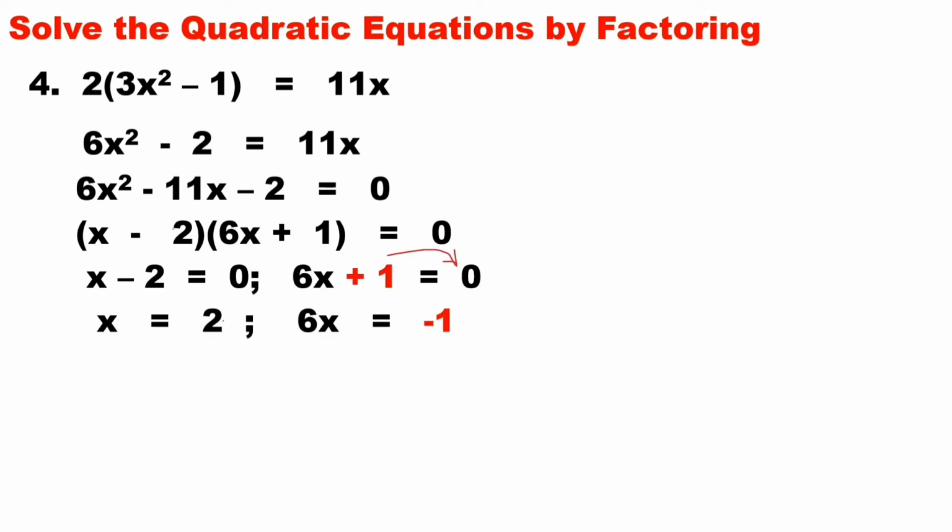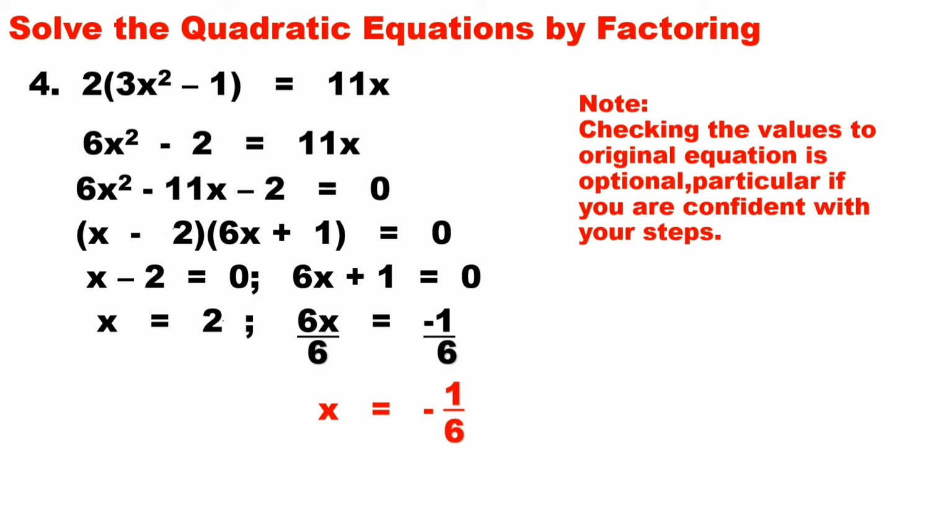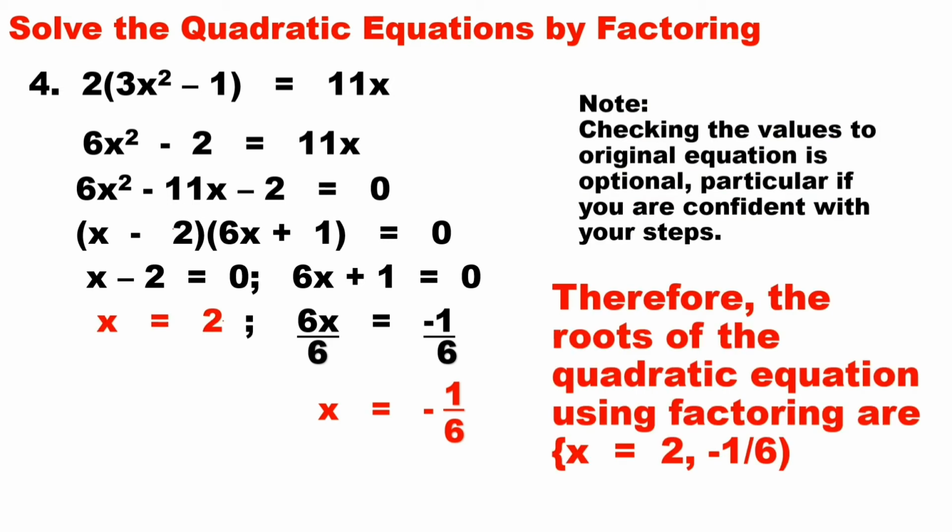Transpose positive 1 will become negative 1. Divide both sides by 6. x equals negative 1/6. Once again, checking the values in the original equation is optional. Therefore, the roots of the quadratic equation using factoring are x equals 2 and negative 1/6.